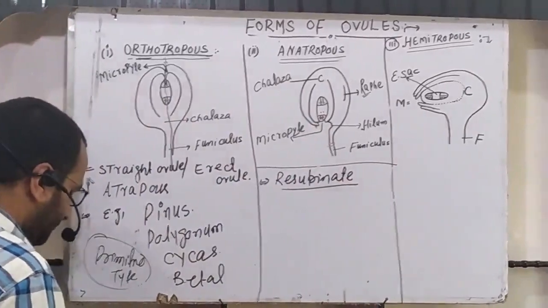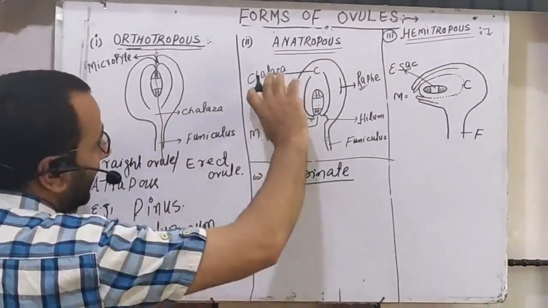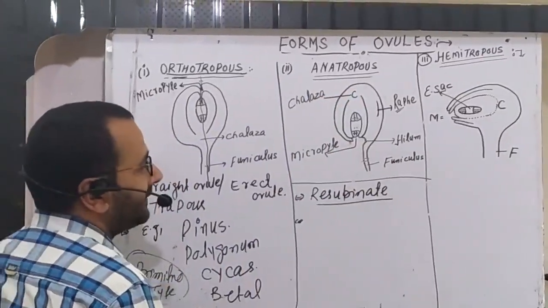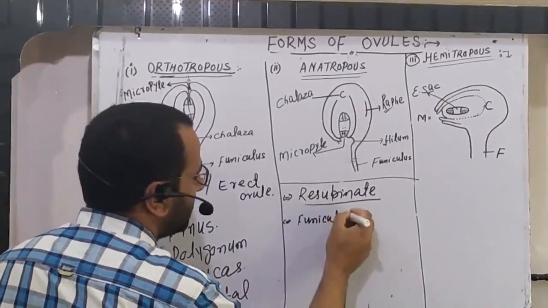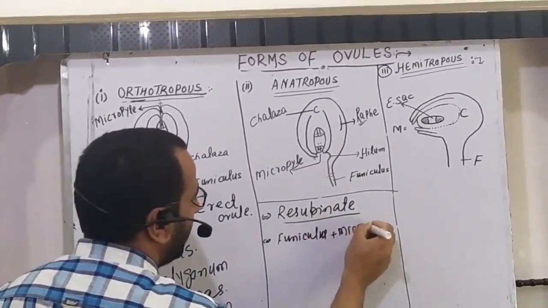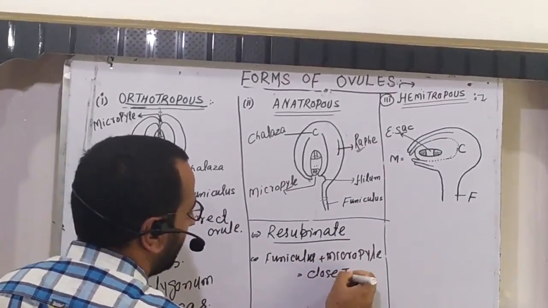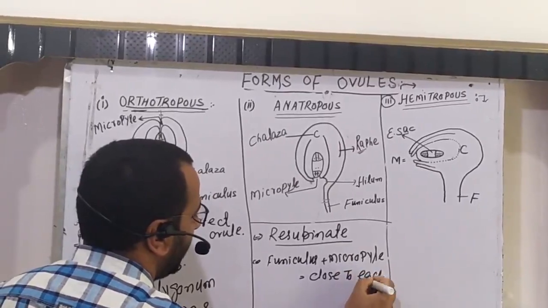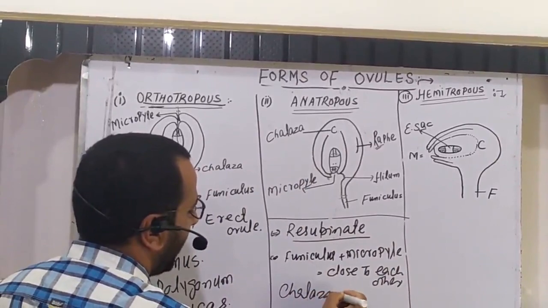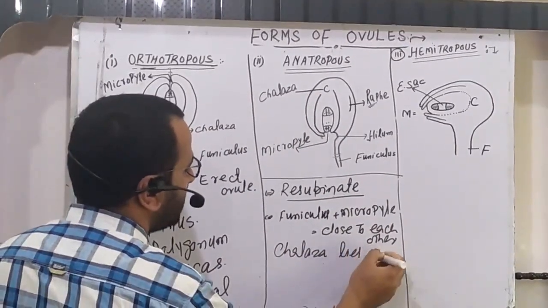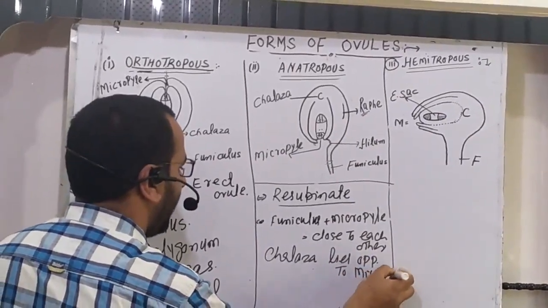Here in this ovule, the curvature is such that funiculus and micropyle are close to each other, while chalaza lies opposite to micropyle.